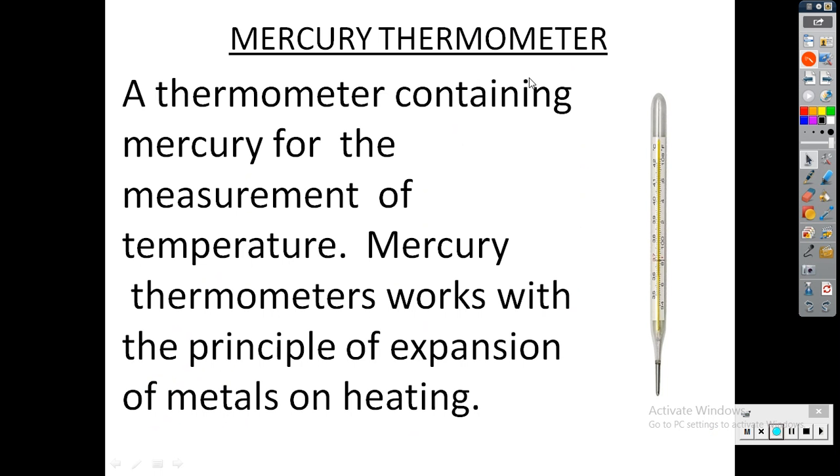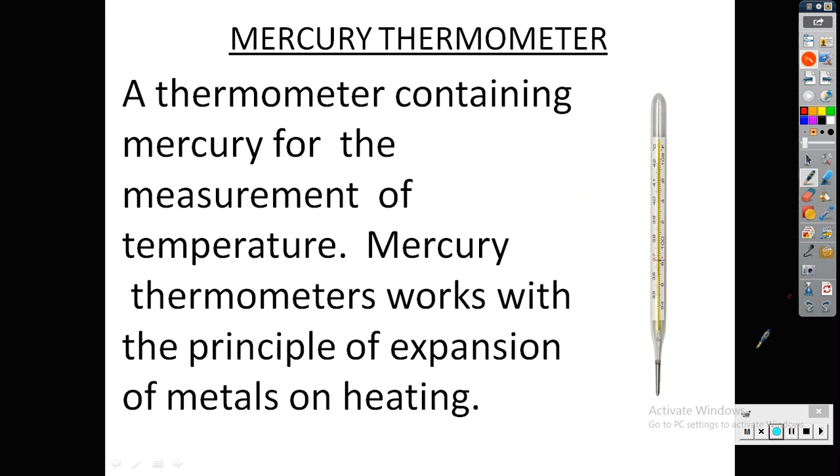A mercury thermometer contains mercury in it, which is used for the measurement of temperature. When the mercury gets heated, it will rise through the tube inside the thermometer. Inside the thermometer there is a small tube, and through the small tube the mercury will rise up. We have already studied expansion of metal in 6th class. When metal gets heated, it expands and increases in size.